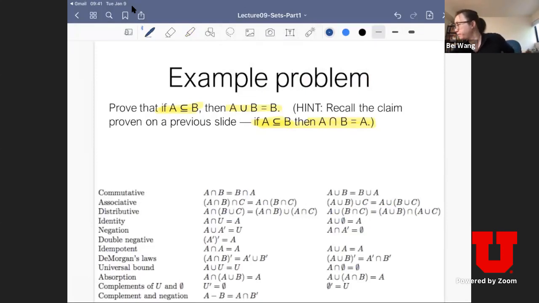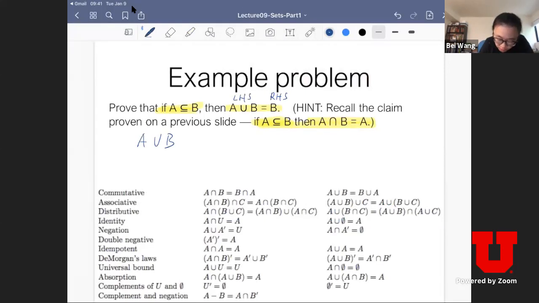Okay, in this case, I want to show the left-hand side is equal to the right-hand side. So I start with the left-hand side, A union B. Because A is a subset of B, then A intersect B is equal to A. This is just using substitution.